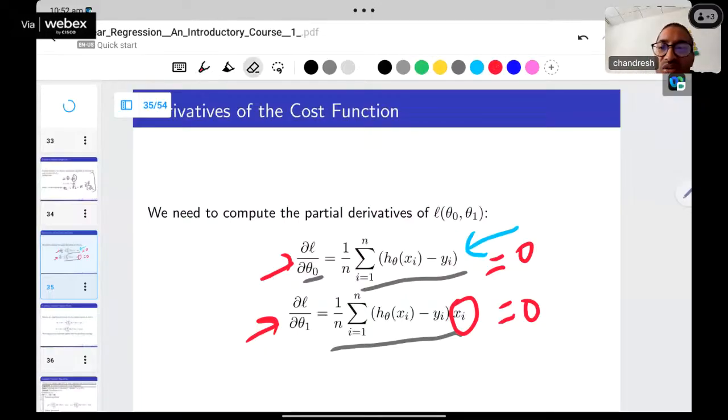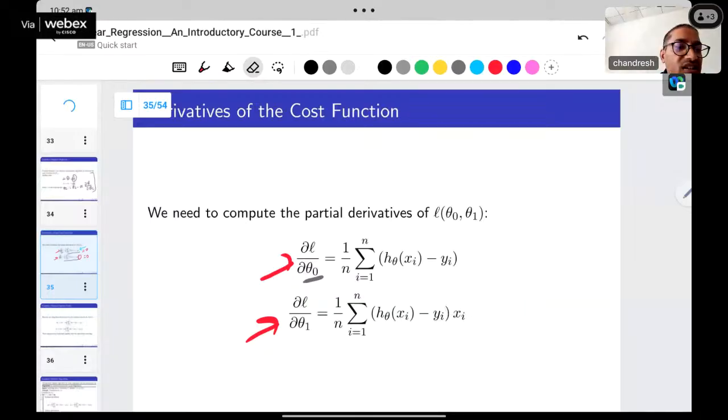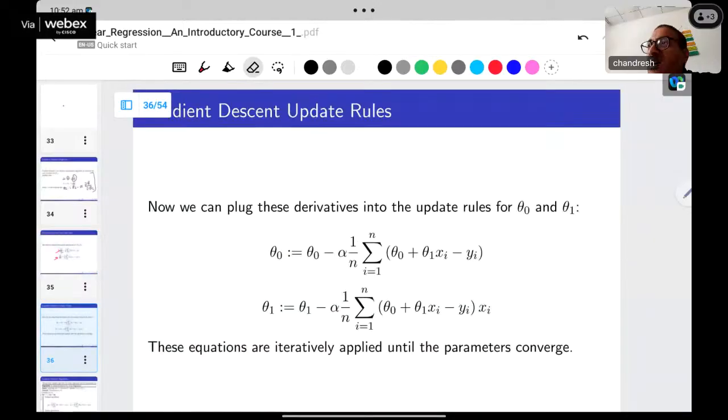But for gradient descent, we need the partial derivatives, these equations themselves, which we just computed. So we plug those equations into our gradient descent equations.